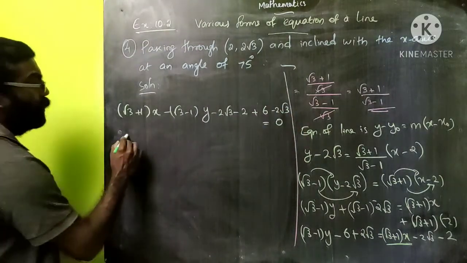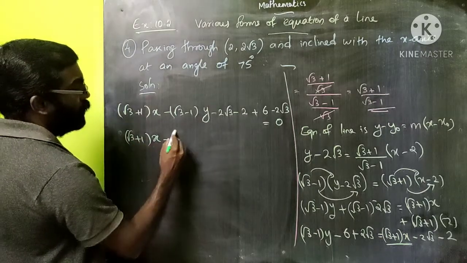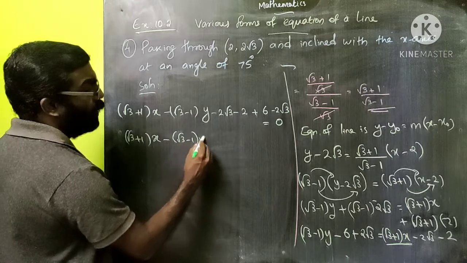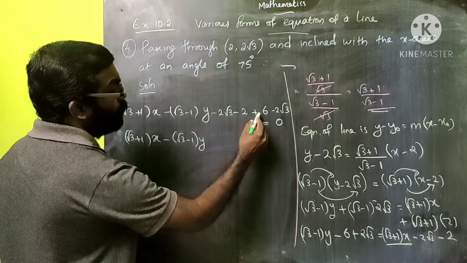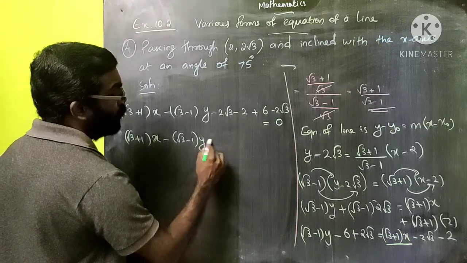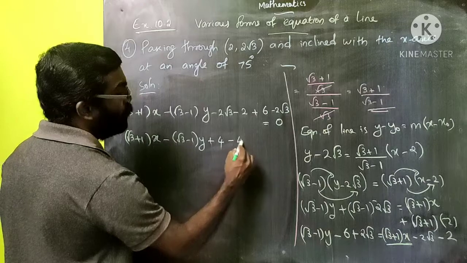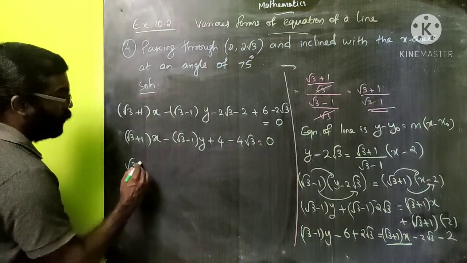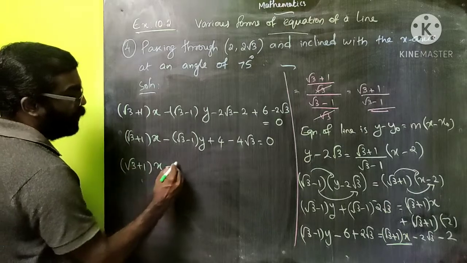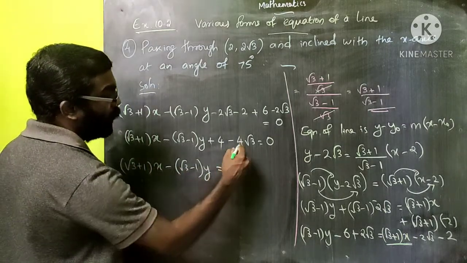That is (root 3 plus 1) into x minus (root 3 minus 1) into y, minus 2 plus 6, it is plus 4, minus 2 root 3 minus 2 root 3, minus 4 root 3, which is equal to 0. Or we can write (root 3 plus 1) into x minus (root 3 minus 1) into y is equal to minus 4 root 3.